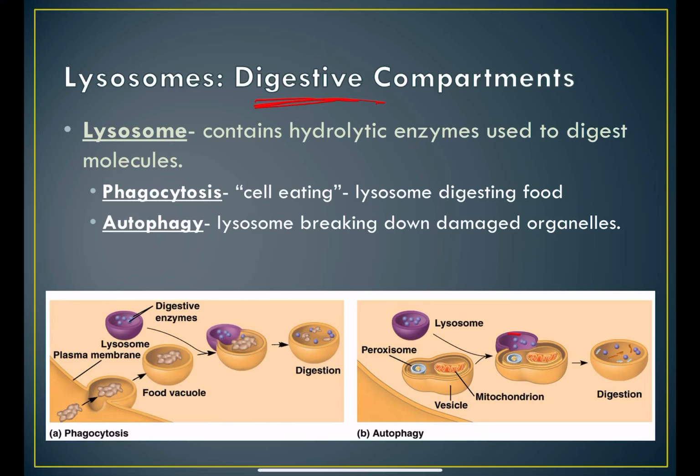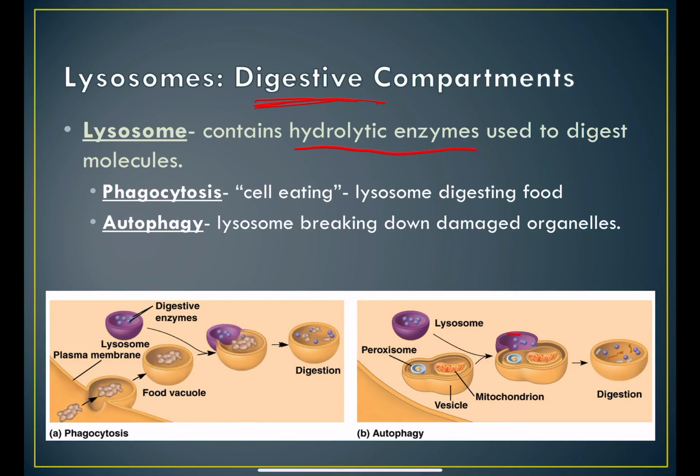That would be the job of a lysosome. They contain hydrolytic enzymes, which digest molecules and break things down. They can also digest food, sugars and other energy molecules for the cell. Lysosomes can do that as well.